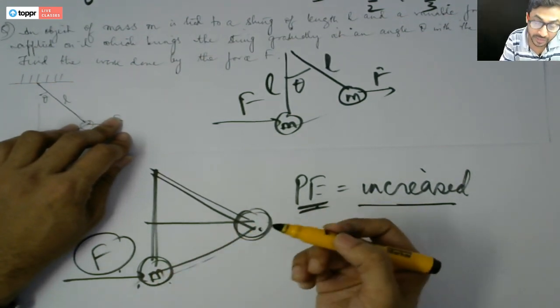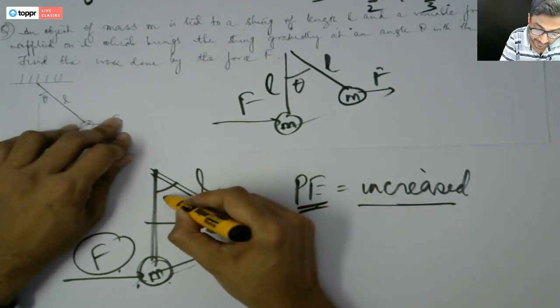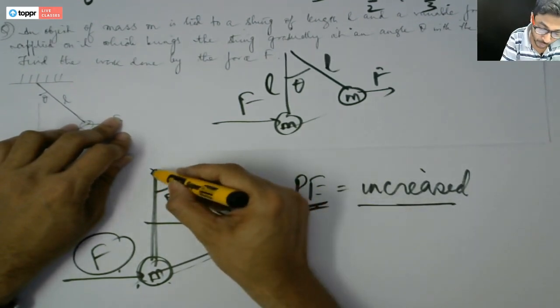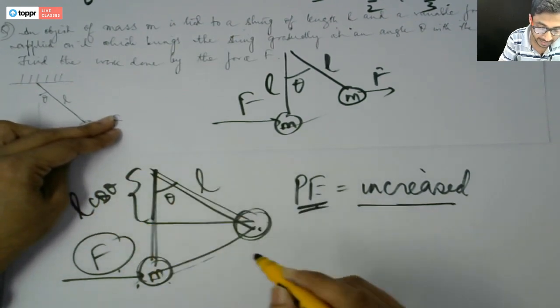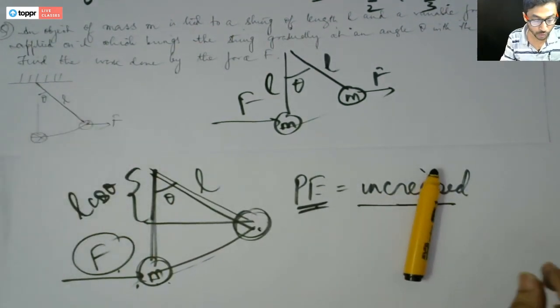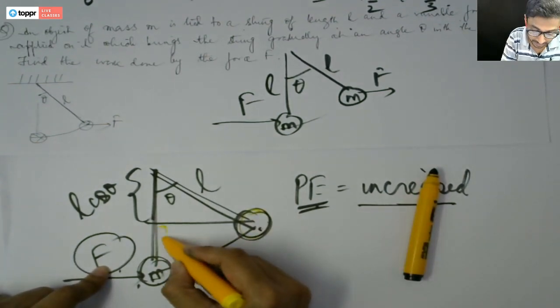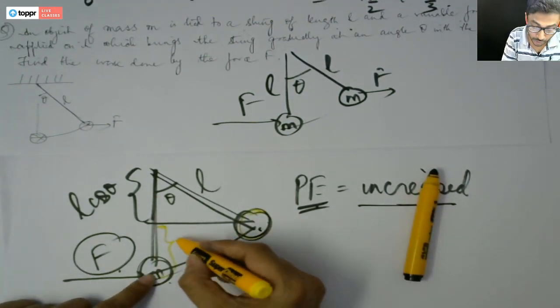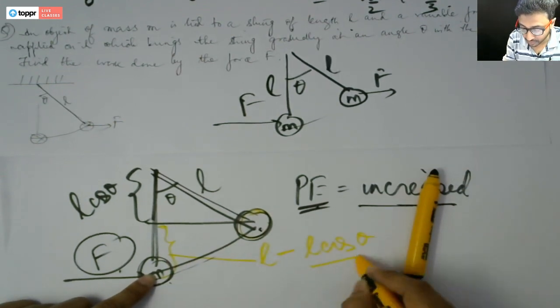Now what is the increase in potential energy? This is L. This angle is theta. So this length will be L cos theta. So how much distance has this ball actually risen? It is nothing but this, so this is L minus L cos theta.